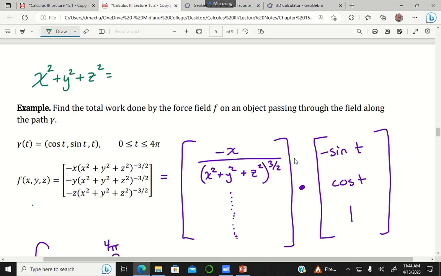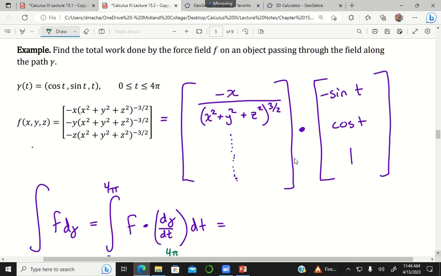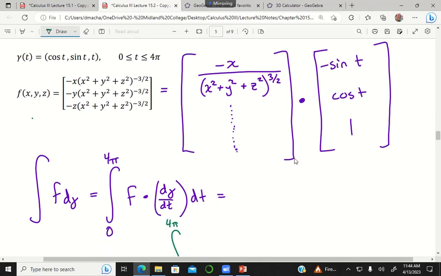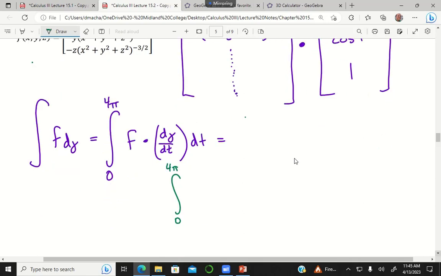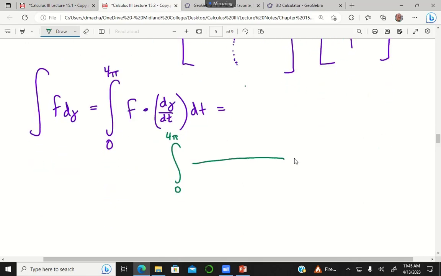Cosine squared plus sine squared is 1, and z is t, so this is 1 plus t squared. So I can replace that with 1 plus t squared to the 3/2 power. Now whenever I take this dot product, I'm multiplying everything with the same denominator, so when I do the sum, they're all going to have the same denominator. So in the bottom here, I can just write 1 plus t squared.